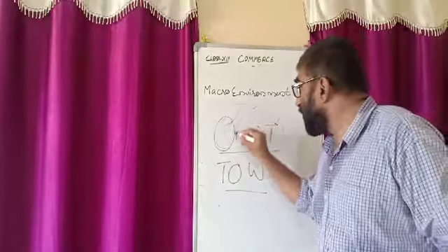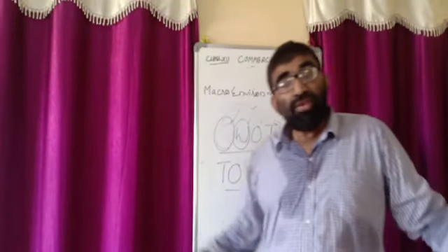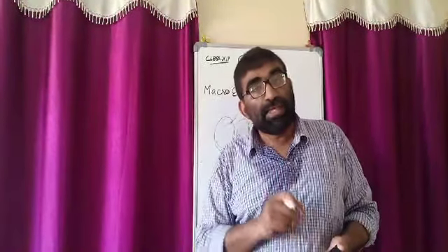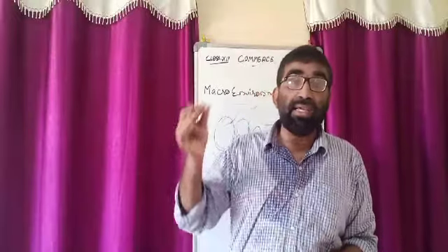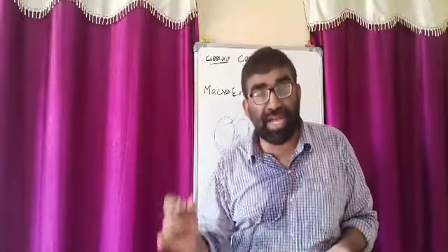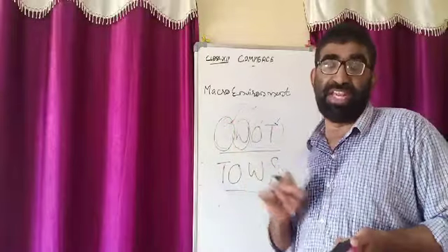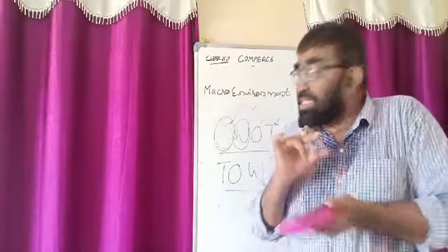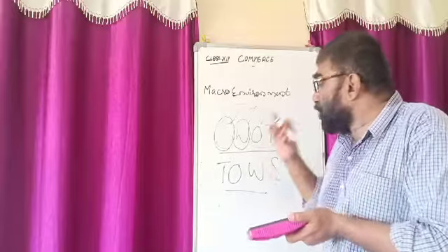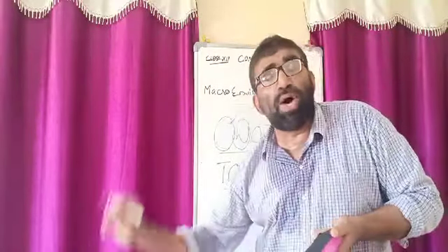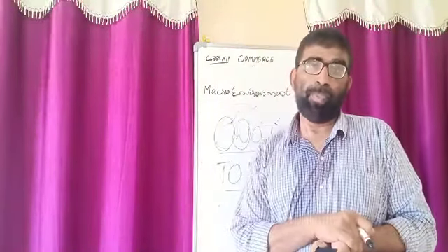The next one is weakness. Weakness also we have discussed. Weakness is the inherent limitation or constraint which causes a permanent disadvantage. This weakness is responsible for the permanent disadvantage of that company.